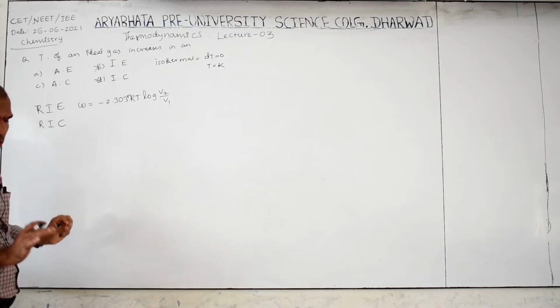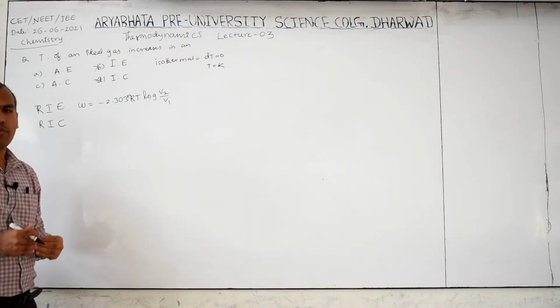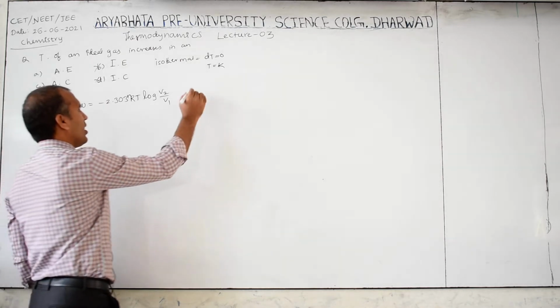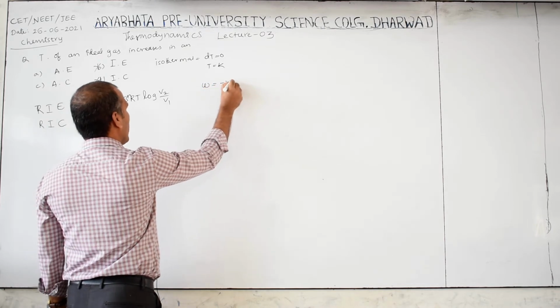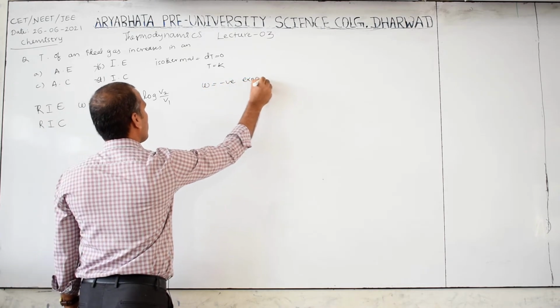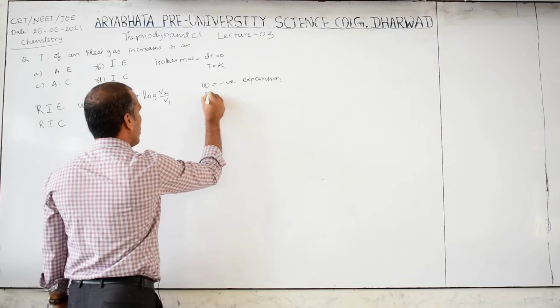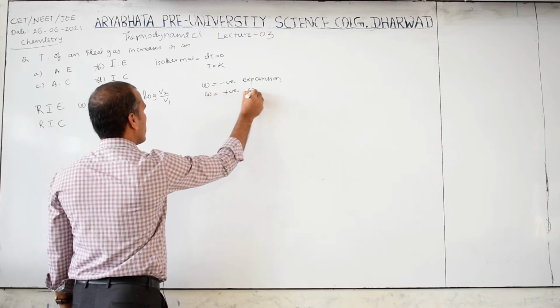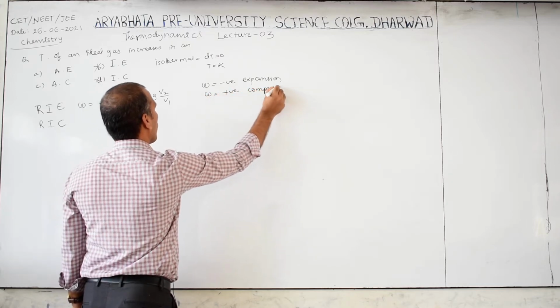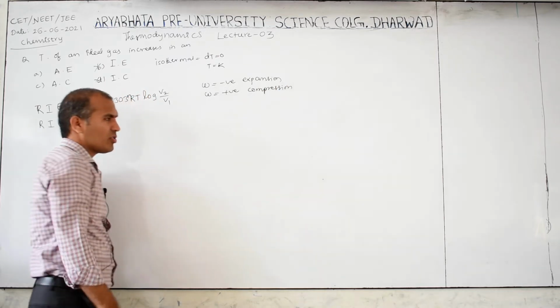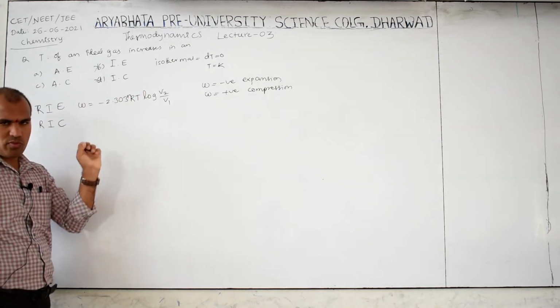Therefore, compression means positive, expansion means negative. So keep in mind W is negative for expansion, W is positive for compression. This is clear. So this formula is applicable for both.